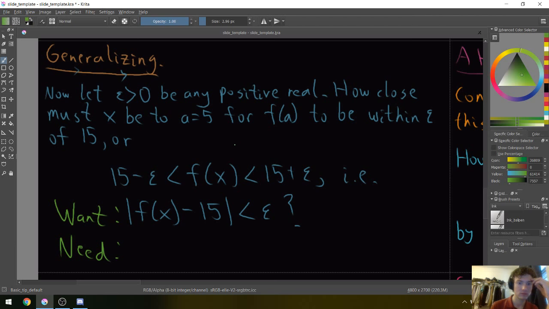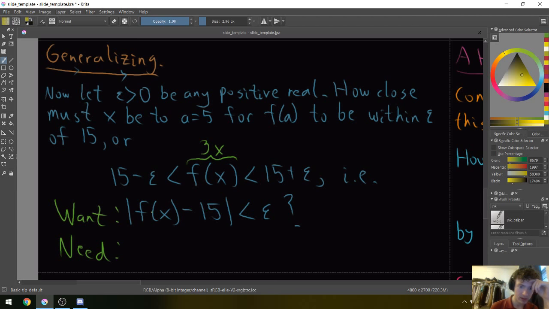Give me a sec to think about this. Maybe I should remind that this is still 3x. I believe what we would need is the absolute value of 3x minus 45. Let's see. No, I don't know.